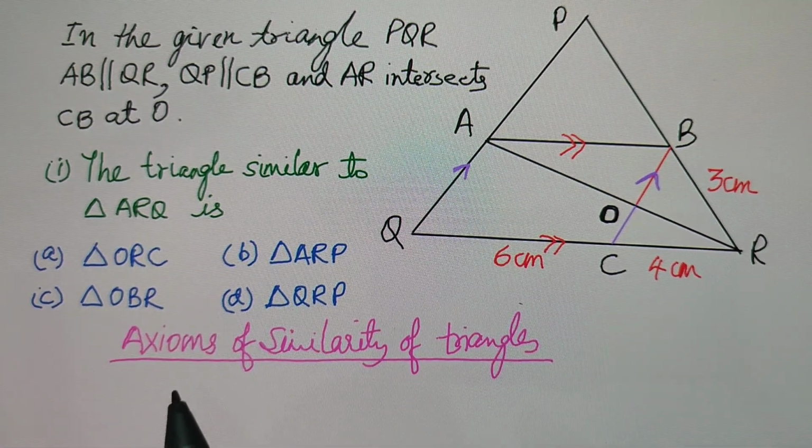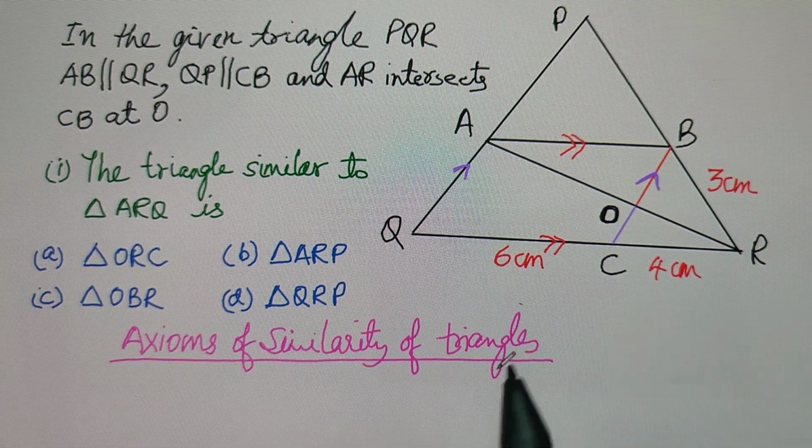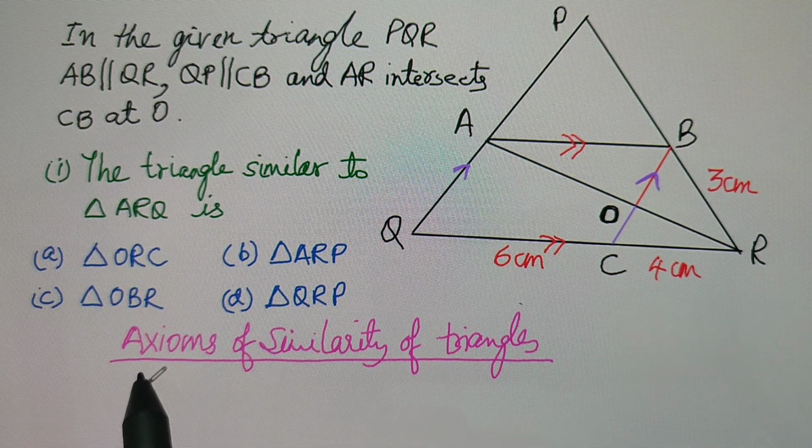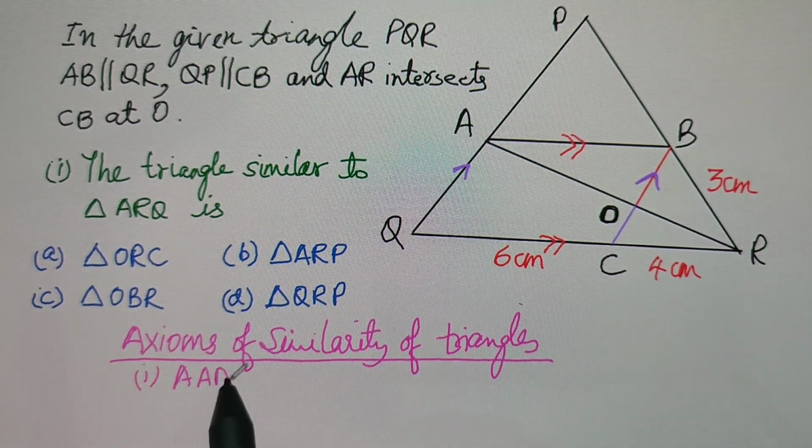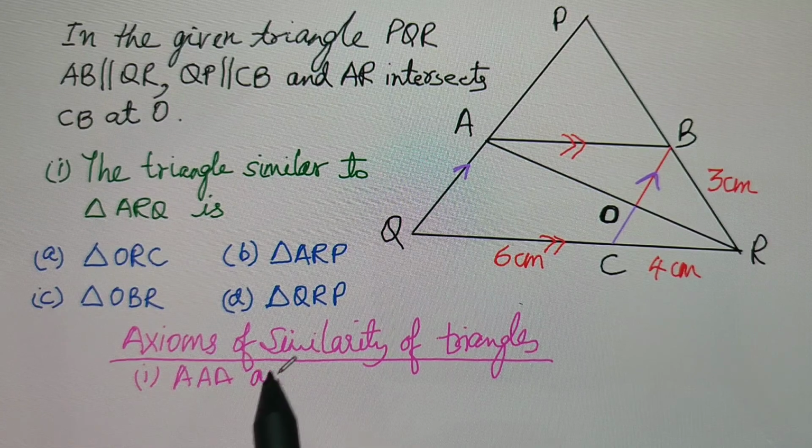Now let us talk about the axioms of similarity of triangles. To prove two triangles to be similar, this can be done in three different ways. The first one is the angle axiom of similarity.